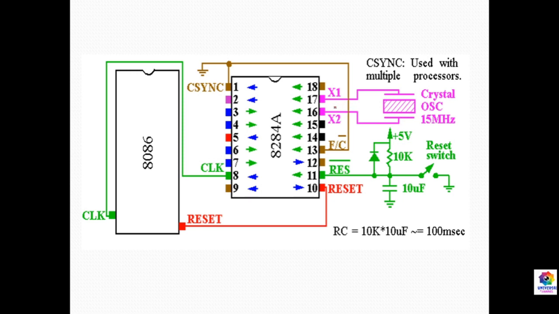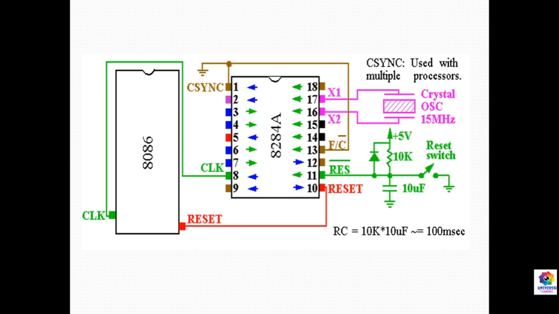This is the last slide of today's lecture series, in which we can see the interfacing of the 8284A clock generator IC with the microprocessor. We can easily see that the reset pin of the 8284A is connected to the reset pin of the microprocessor, pin number 11.